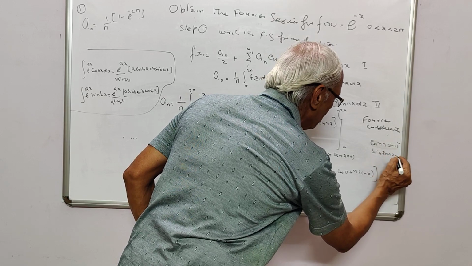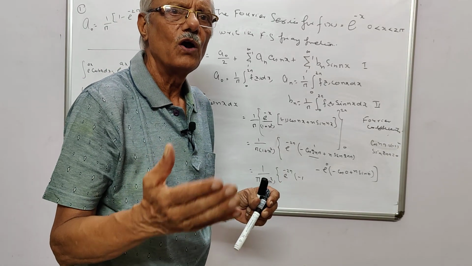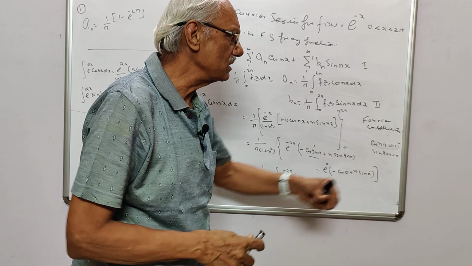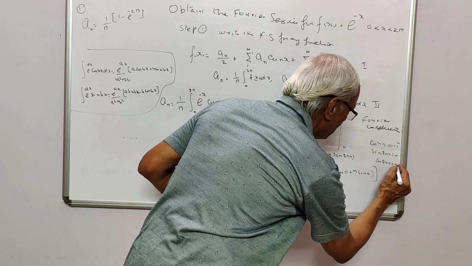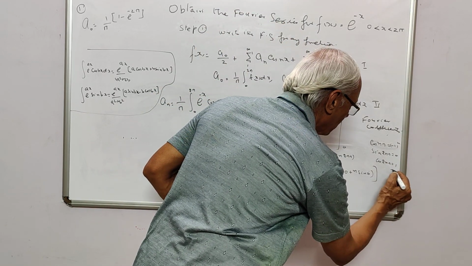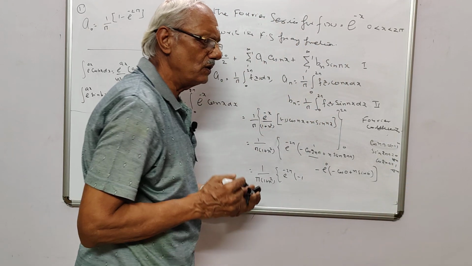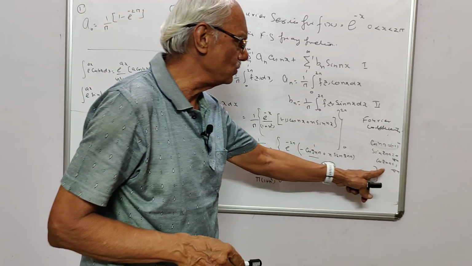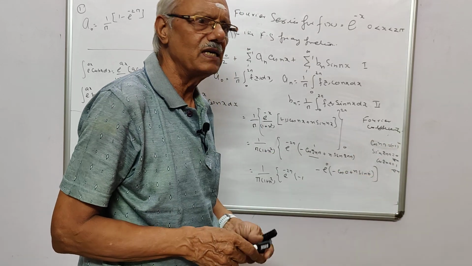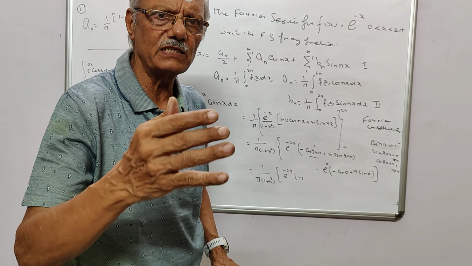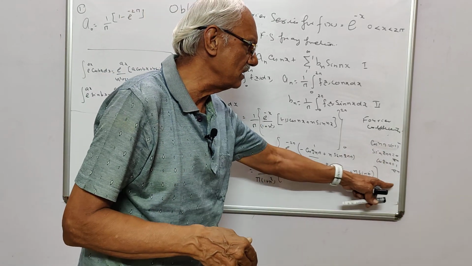In general, cos 2n pi is equal to 1 for all n, and sin 2n pi is equal to 0 for all n. Whereas cos n pi is equal to minus 1 to the power of n, it takes alternately minus, plus, minus, plus values. If it is an odd multiple it is minus, if it is an even multiple it is plus. These are the things that you must know.